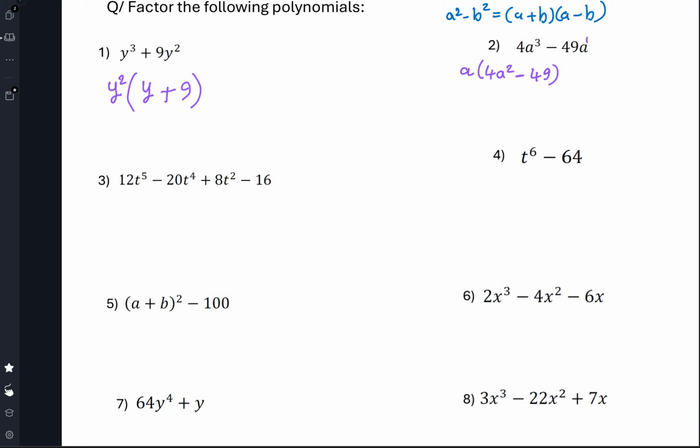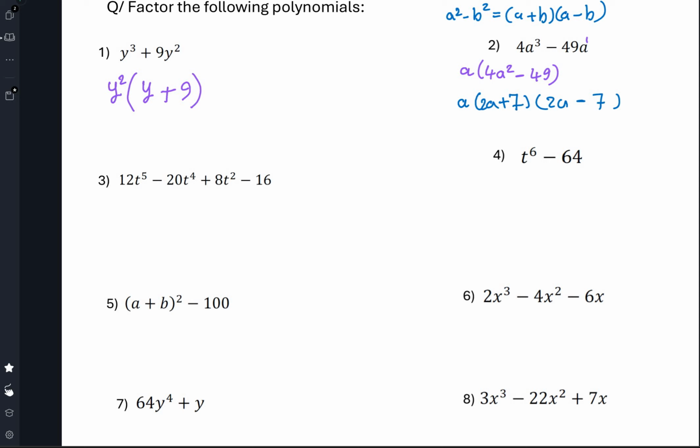So here 4a power 2 is like a square and the other one is b. So we write a outside, two brackets, one positive, one negative as always, 2a, because the square root of 4 is 2, a squared is a, and 49 is going to be 7, and this is the final answer.